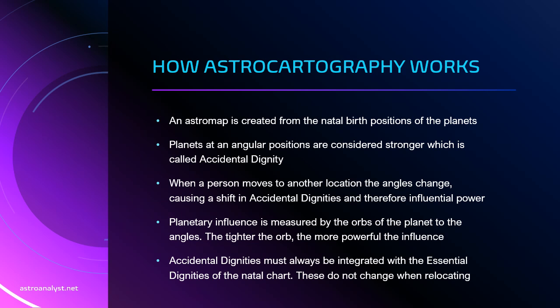So first, let's briefly describe how astrocartography works. Basically, everyone's familiar with an astral map that is created based on the natal birth positions of the planets. Most importantly, what we're looking at are planets that are in angular positions on the map, which means basically your midheaven, your ascendant, your descendant, your IC, those are projected onto the map when you're born.